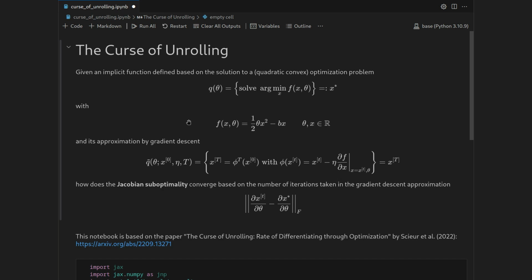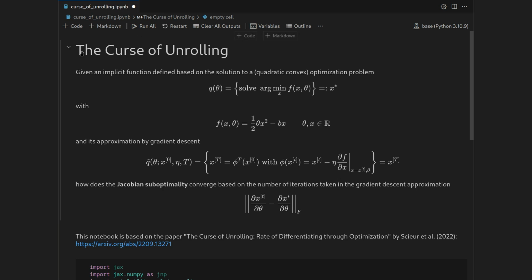Whenever you encounter these iterative procedures, you typically have two approaches to differentiate through them. Either you do unrolled differentiation or implicit differentiation. Implicit differentiation requires you to define custom propagation rules on how to differentiate these procedures, whereas unrolled differentiation unrolls whatever operations take place within the iterative procedure and differentiates them.